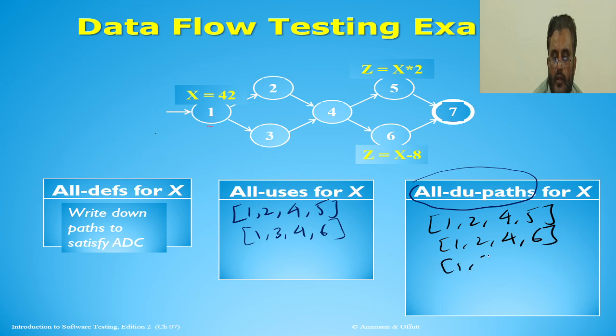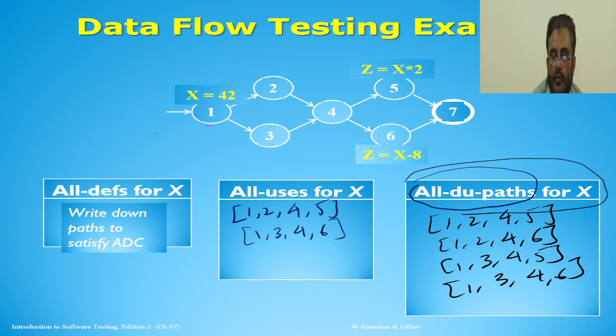Then 1, 3, 4, 5, and then 1, 3, 4, and 6. So these paths which take us from the definition to a use of x form du-paths for the variable x on this graph. These all will have to be written to achieve all du-paths coverage for variable x on this particular graph.